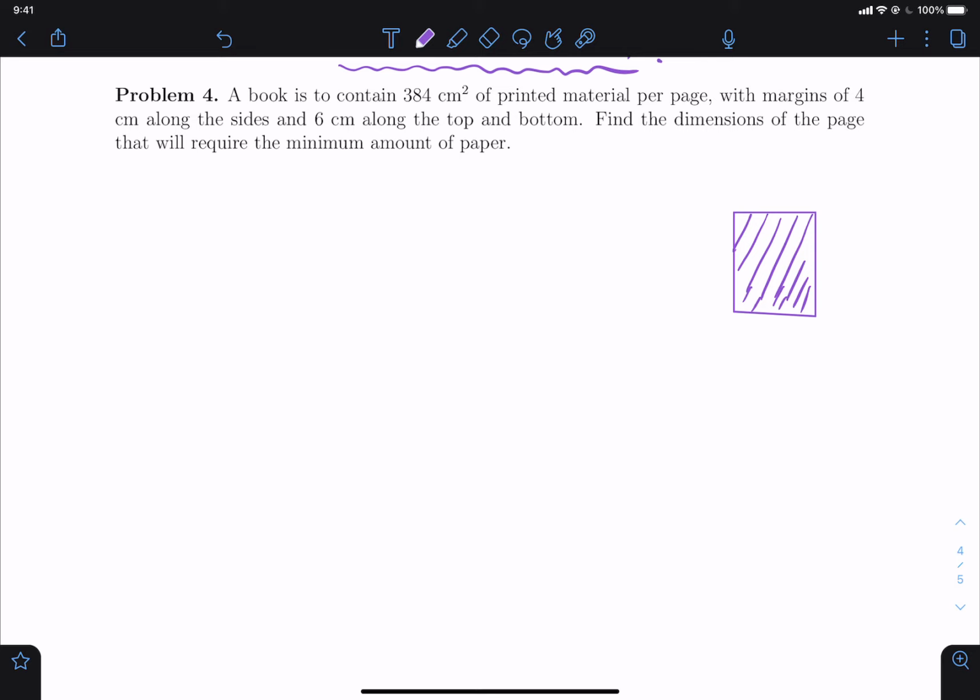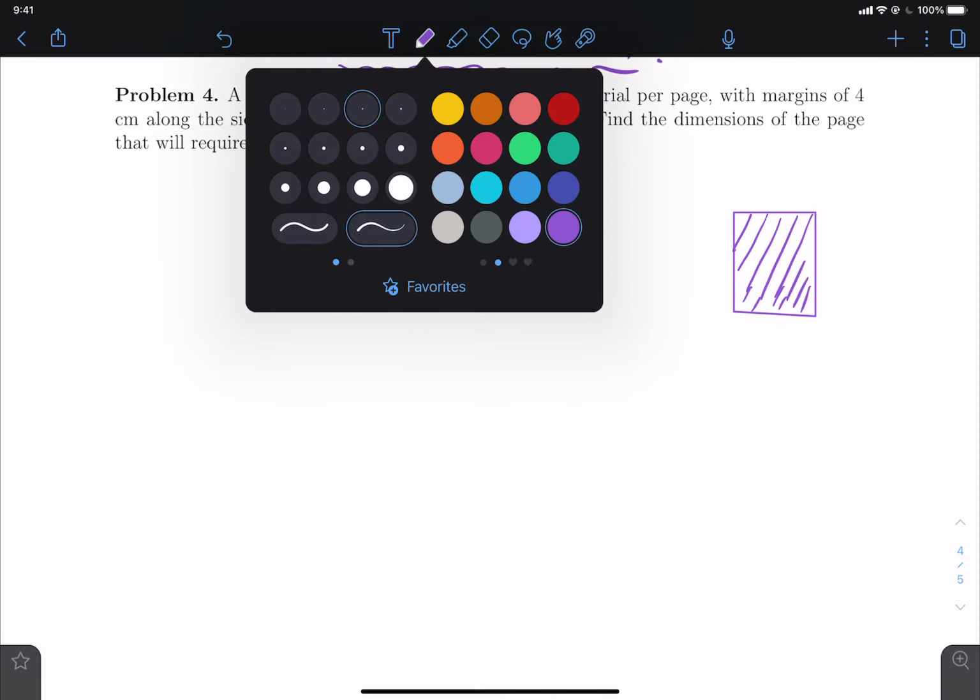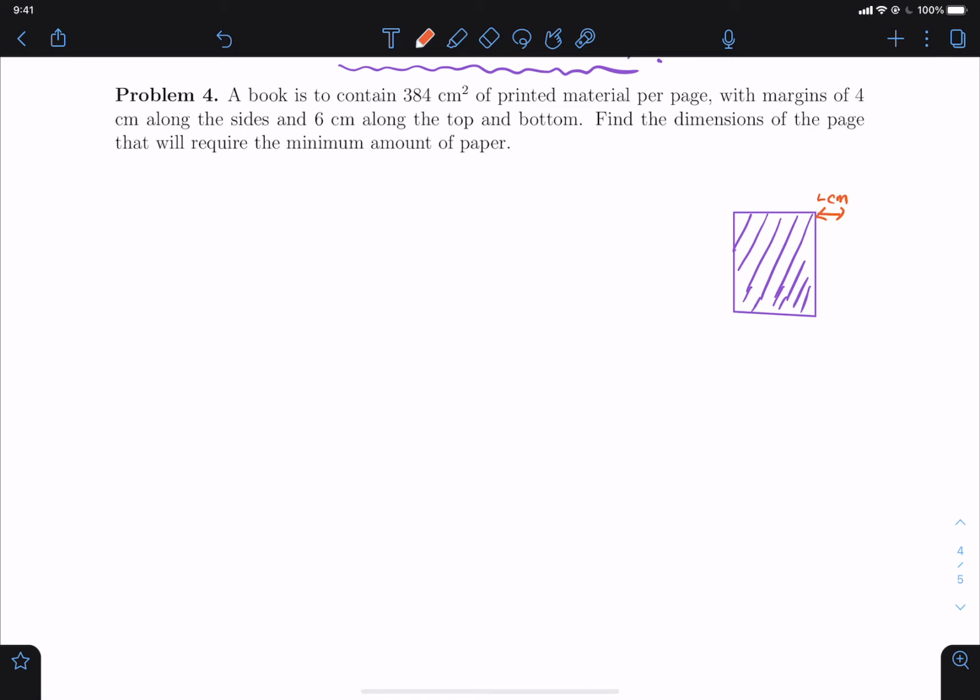But what is fixed here is the margin. We must have the margins along the side, and that is equal to 4 centimeters. So that means you need to expand a bit here by 4 cm and also here by 4 cm, right, as well as here by 4 cm, right? That is along the side, okay?